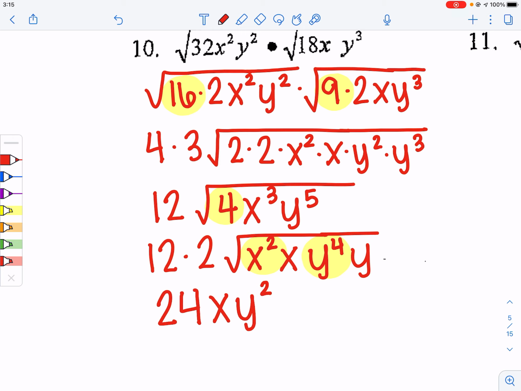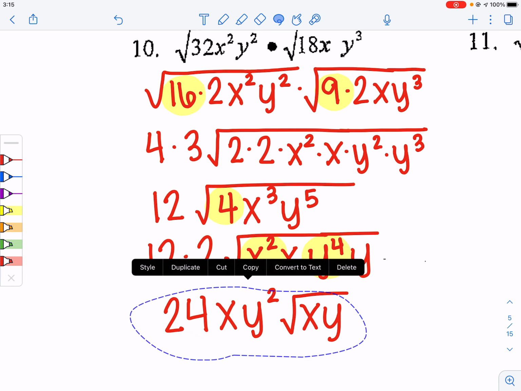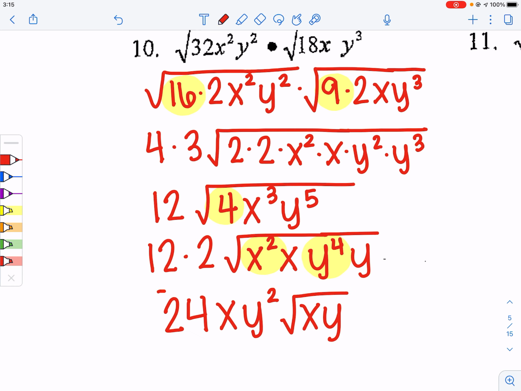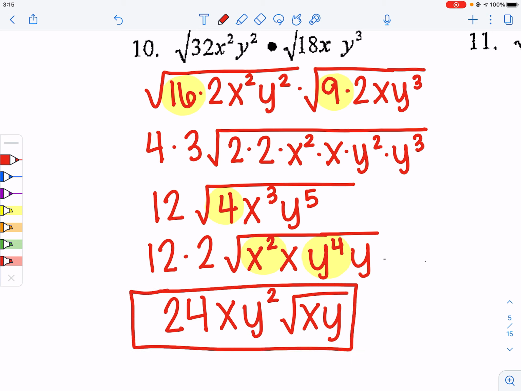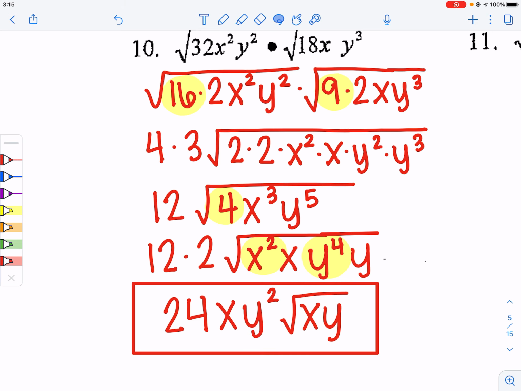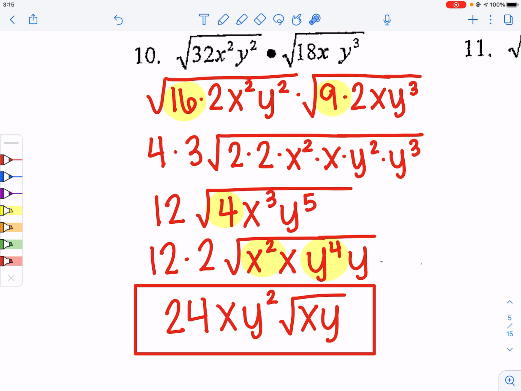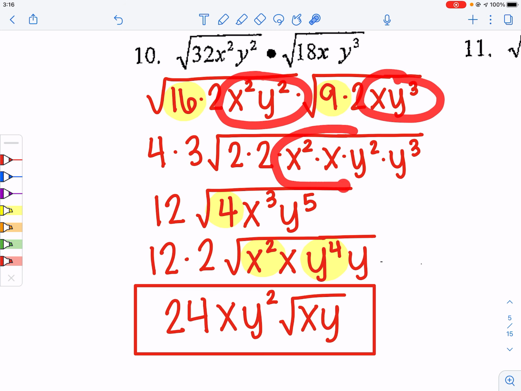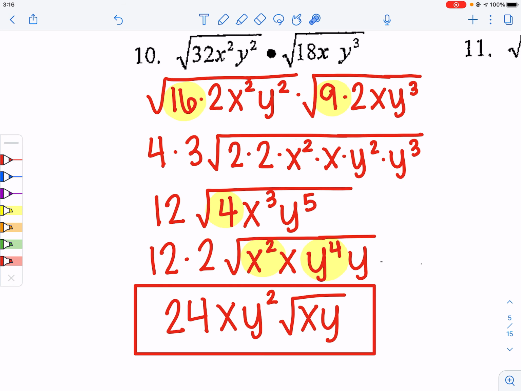And then I have xy still left over in my radical. There we go. So final answer, 24xy squared root xy. And if you want to, up here, you can take care of the variables up here. I just combined them together and then took care of the variables, but either way, you're going to end up with the same answer.